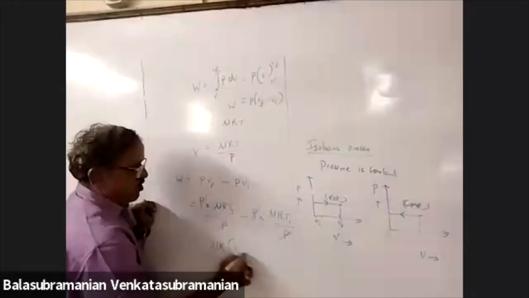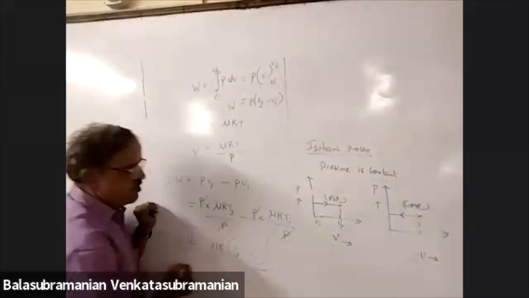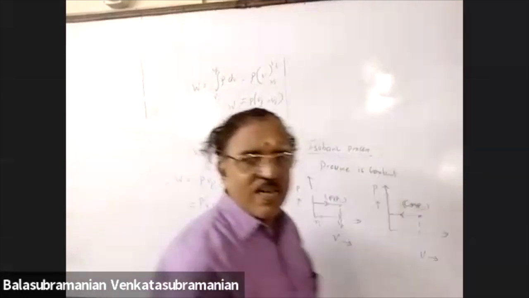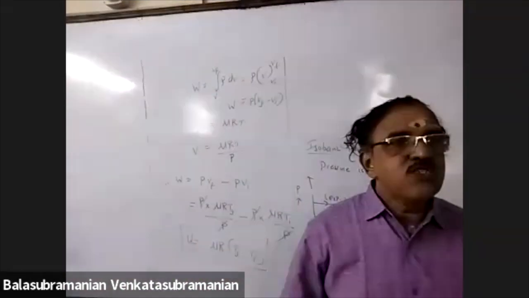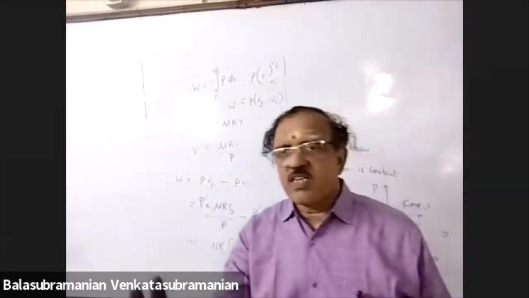The value is Tf minus Ti. This is the work done for isobaric process. So four different things we have seen.